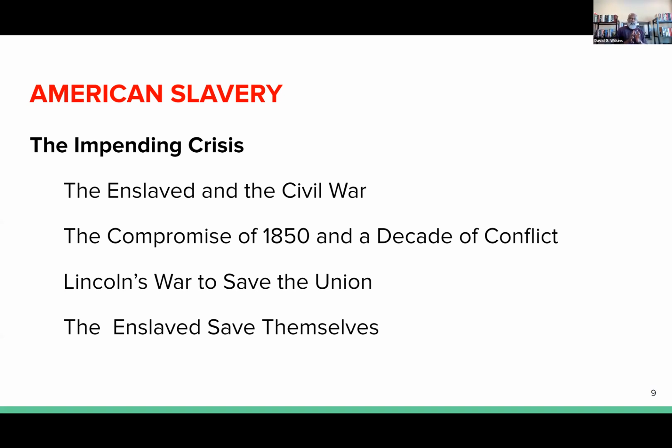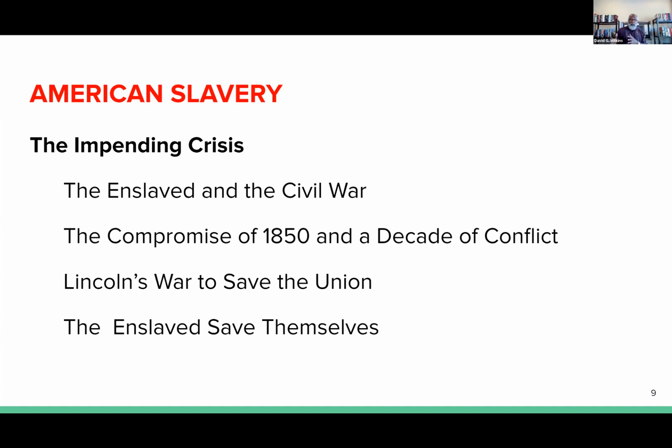We're going to focus on a couple of key events that happen in this 1850 to 1860 period. The Compromise of 1850 and the Fugitive Slave Law that would be so impactful, creates such anger in the North that would really fuel the oncoming war.